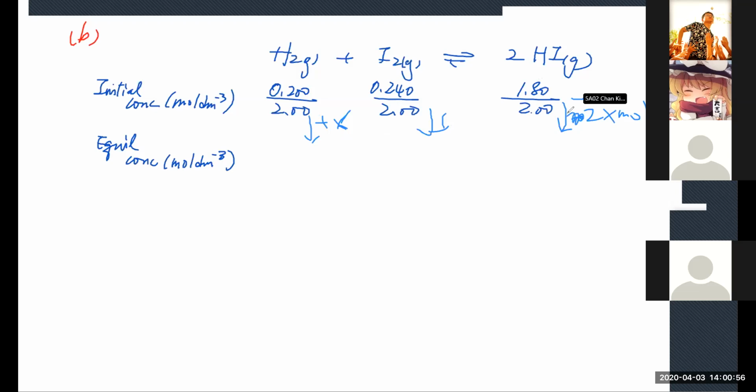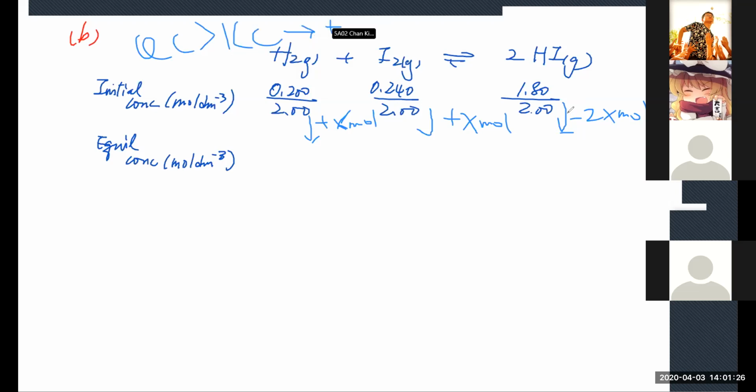Plus or minus, very confusing. Now, for the last questions, you are going to plus something at the product side. Well, for this question, question 26, you are going to plus something in the reactant side. Do you know why? Under what situation do we need to put a plus or minus on which side?